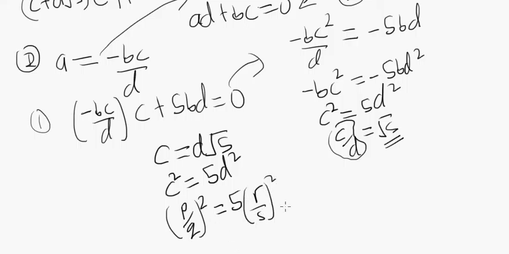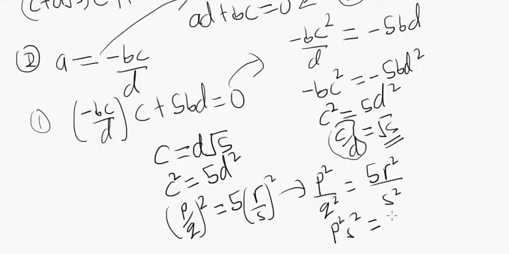And squaring out, we now have p squared over q squared equals 5r squared over s squared, right? And so we end up with p squared s squared equals 5r squared q squared, right?